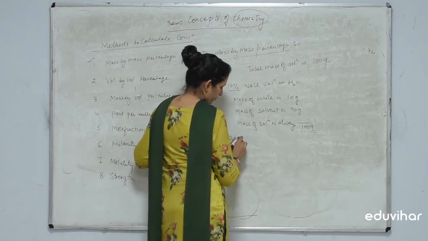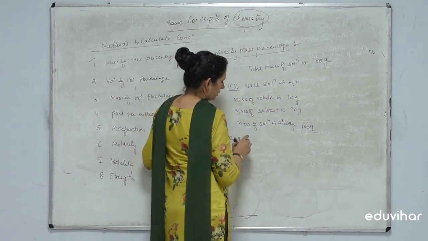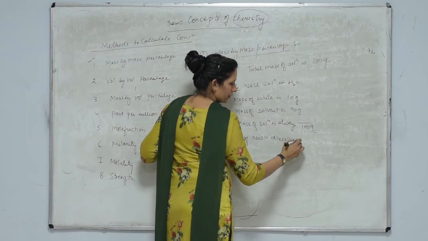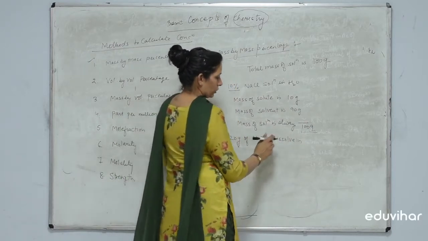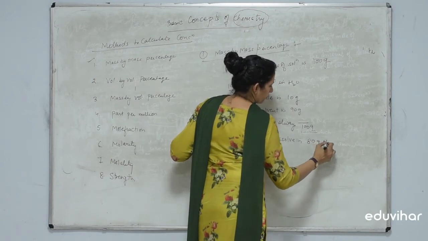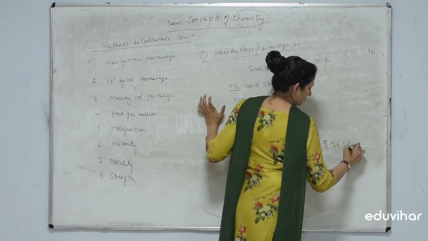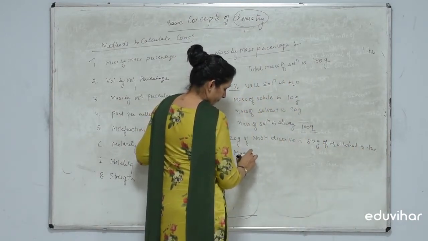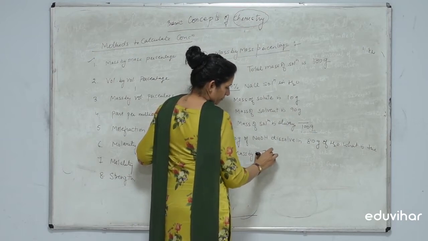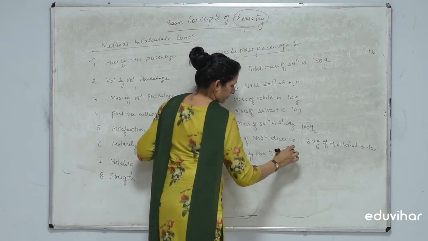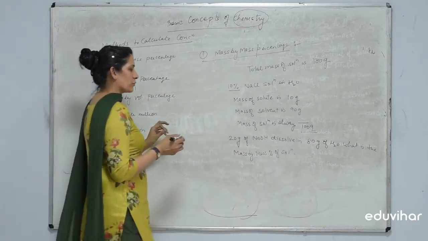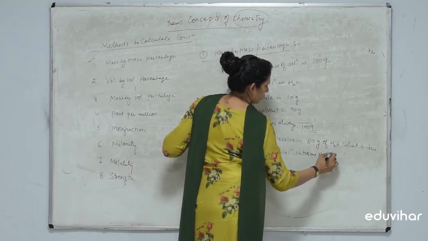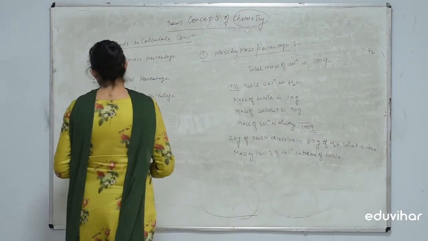If I dissolve 20 gram of NaOH in 80 gram of water, then what is the mass by mass percentage of solution in terms of solute?